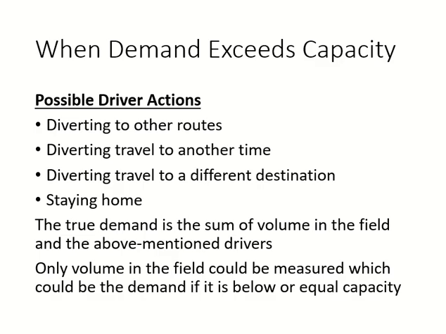When demand goes above capacity for the road, what will start? A queue. Congestion, traffic jam. So what are the things which drivers can do when they face this type of situation? Not all of them, but these are the options to avoid the situation.